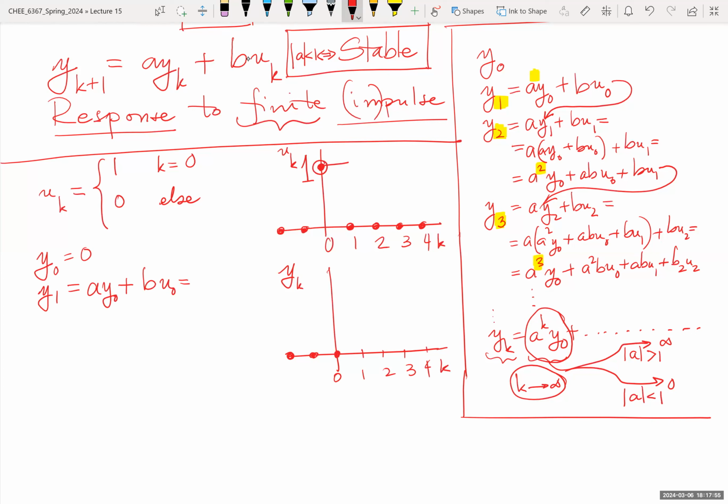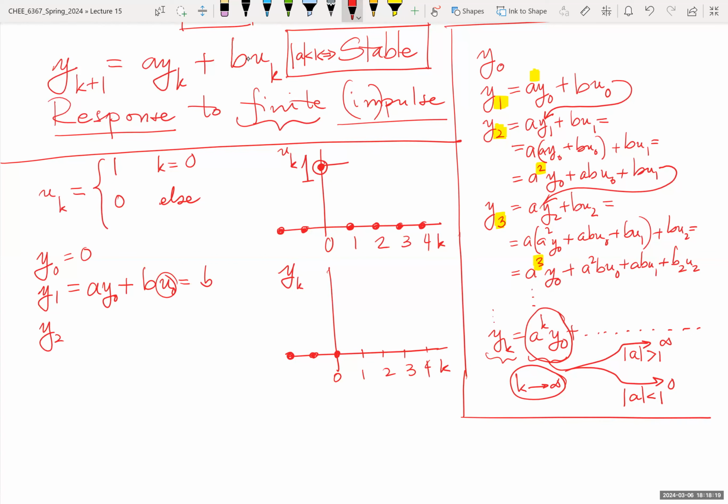So this is going to be equal to, help me with this. So just b u0, right? And u0 is what? 1, so just b. Okay. And then let me put it here actually to save some space.